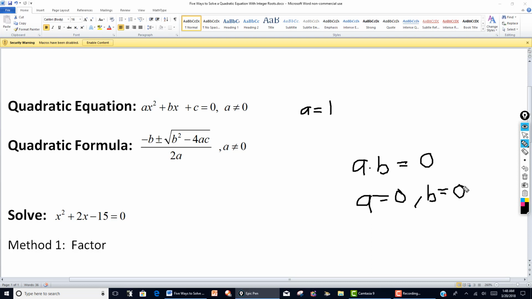Okay, so obviously that's going to apply if you have several factors. So you could have x times y times z. If this product is equal to 0, then it has to be true that x is 0, or y is 0, or z is 0, or all of them are 0. Okay, and that's what we use to solve equations by factoring.